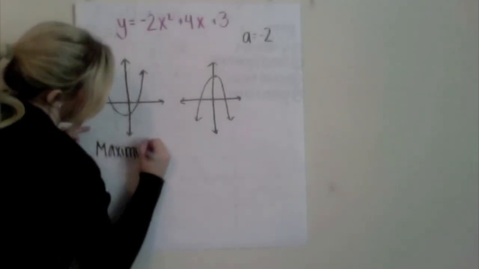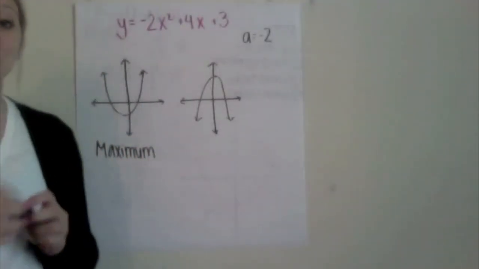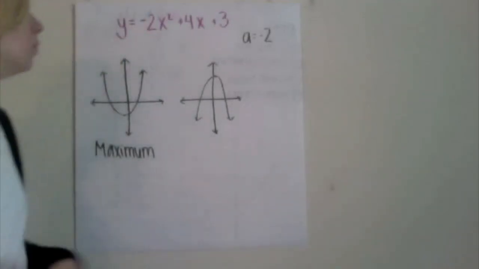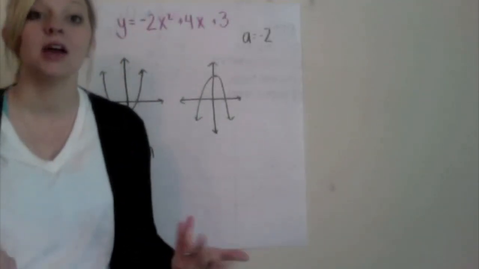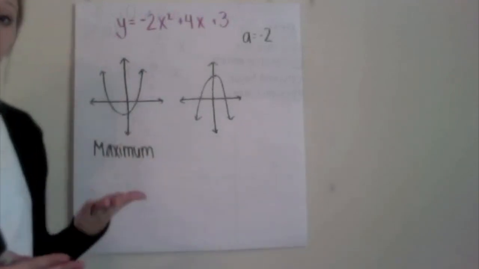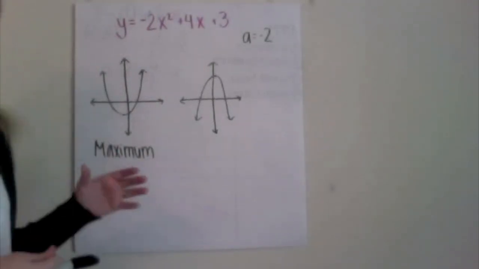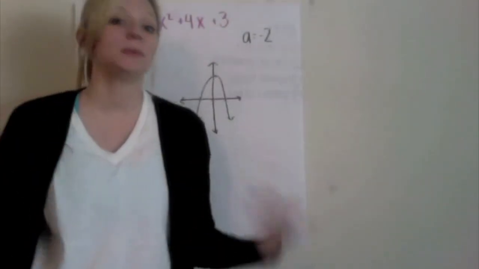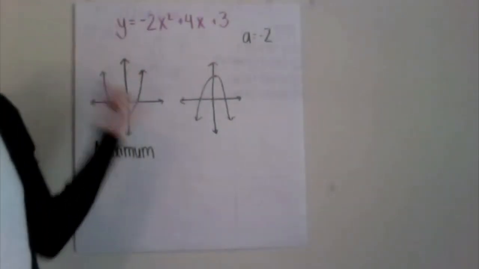That maximum point is going to be the y-coordinate of our vertex. So we have to start by finding our vertex. How we do that is, if you remember, we find the axis of symmetry, which will give us the x-coordinate of the vertex. Then we plug that into our original equation to find y.